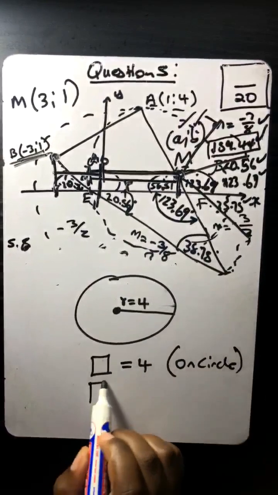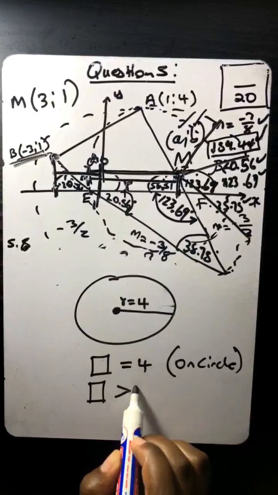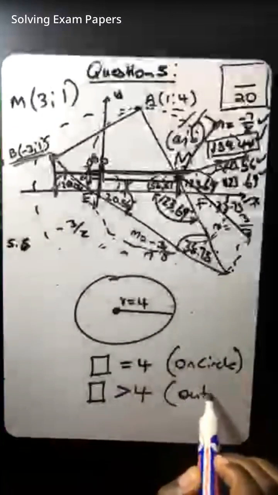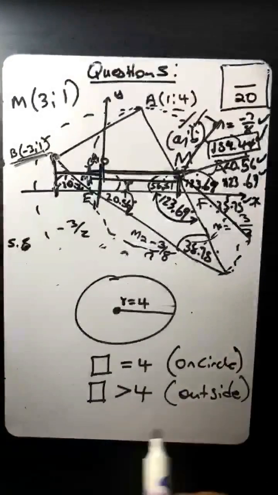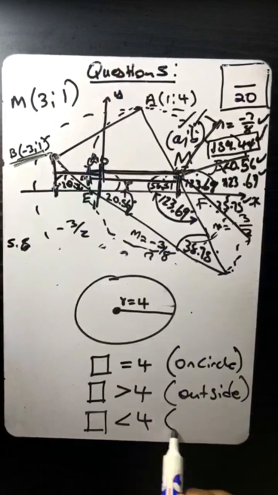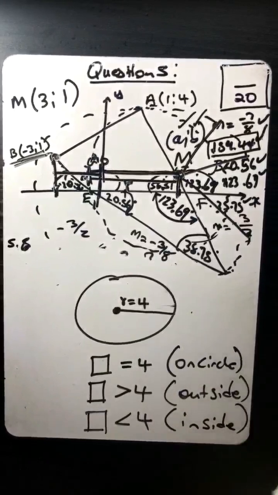But if we get a value which is greater than 4, that means it lies outside. But if we get a value which is less than the radius being 4, that means it's inside. I'm not sure if this summarizes it, honorable members.